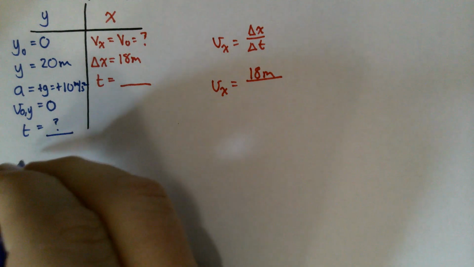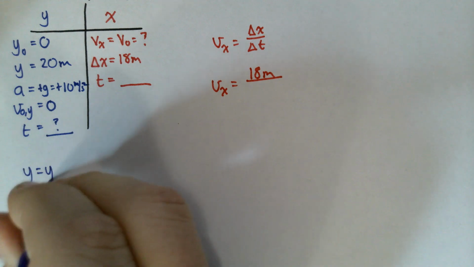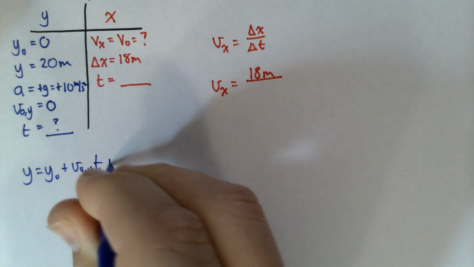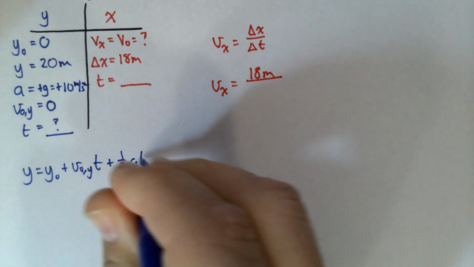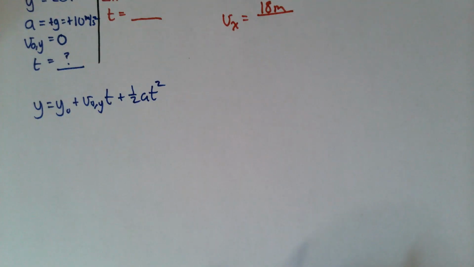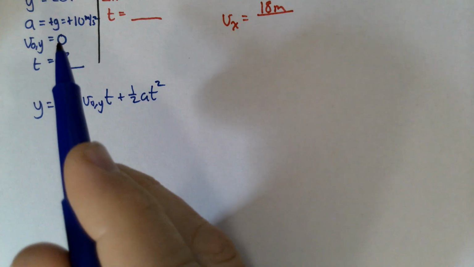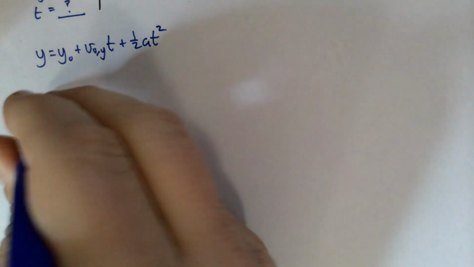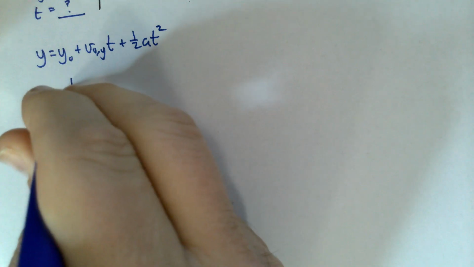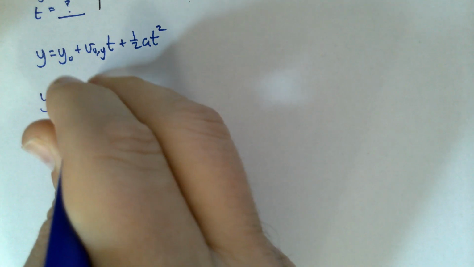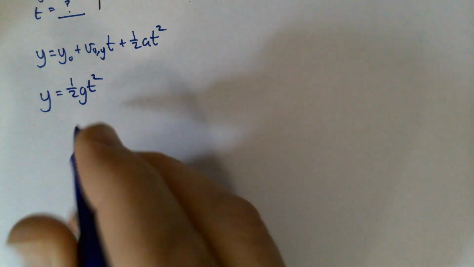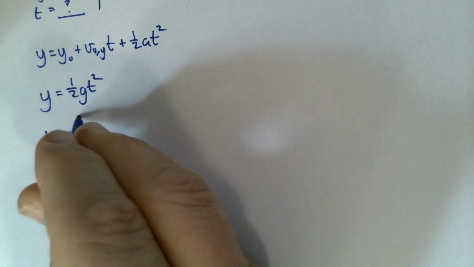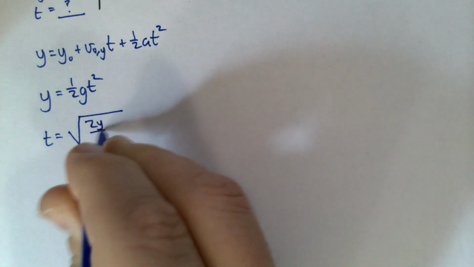So we can do our vertical equation, and again, that's the 1/2 at squared kinematic equation. Since the initial velocity is 0 and initial position is 0, those first two terms go away, and so I get y equals 1/2 g t squared again. Solving that for t, multiply both sides by 2, divide by g, take the square root, so t equals the square root of 2y over g.